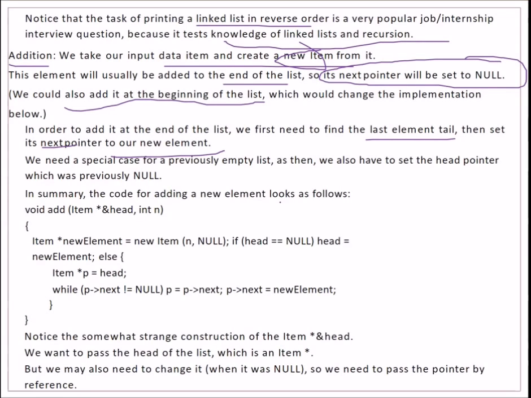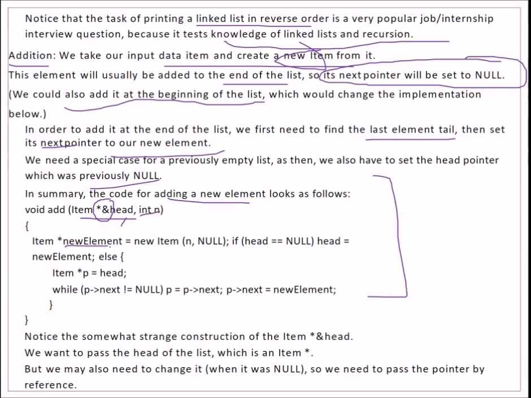So we have to set the head pointer, which was previously null. This is how the code will look to add a new element to our linked list. Please notice this special statement, or you can say expression. So we want to add an item of type head, and this is the value.